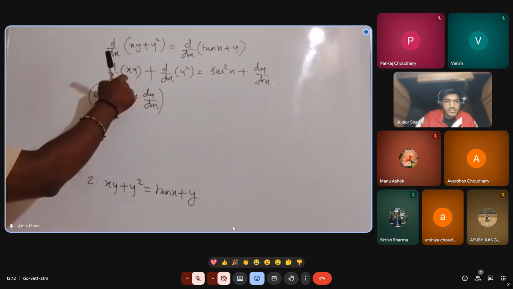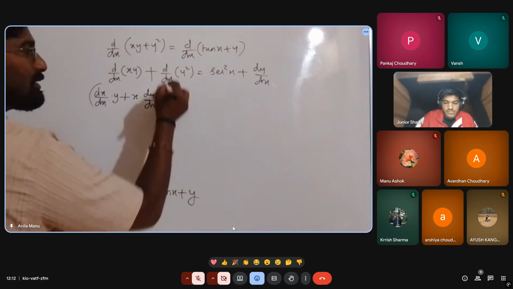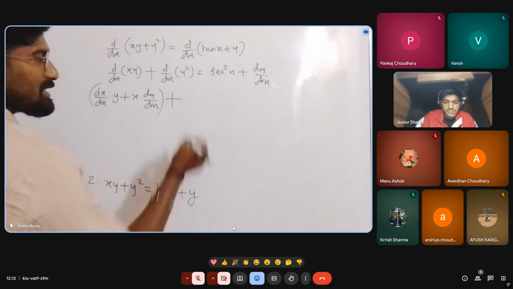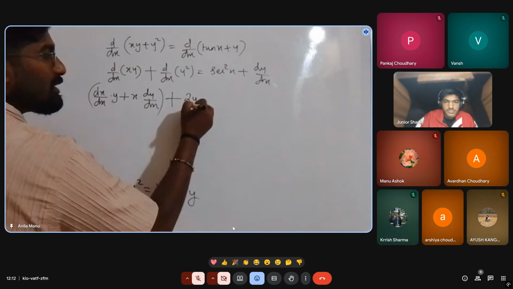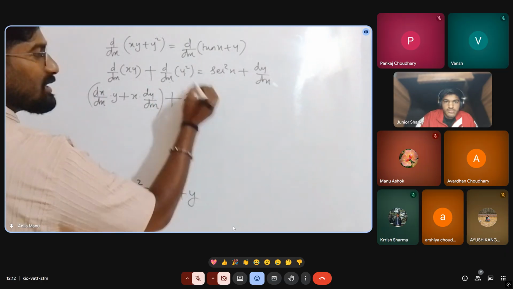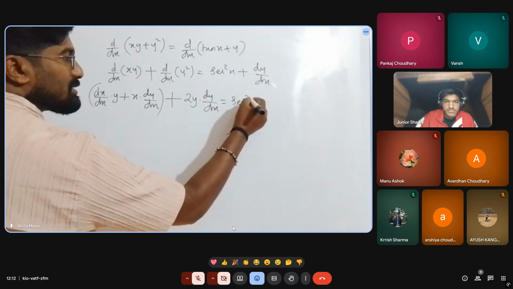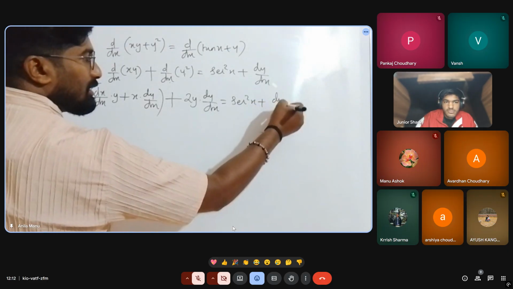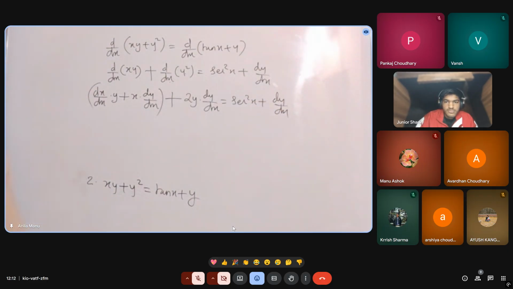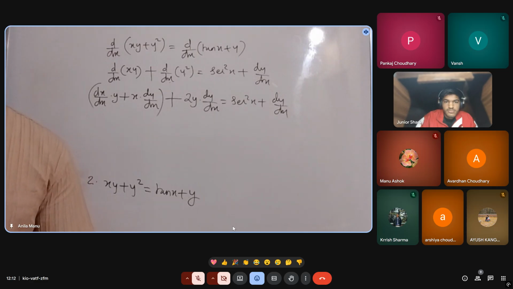So x into y, that is where we apply the product rule, plus here the derivative of y square. Earlier we discussed the same thing: 2y, since y is a variable, we differentiate y also, giving dy by dx, which is equal to sec square x plus dy by dx. What is the question? The question is find dy by dx.